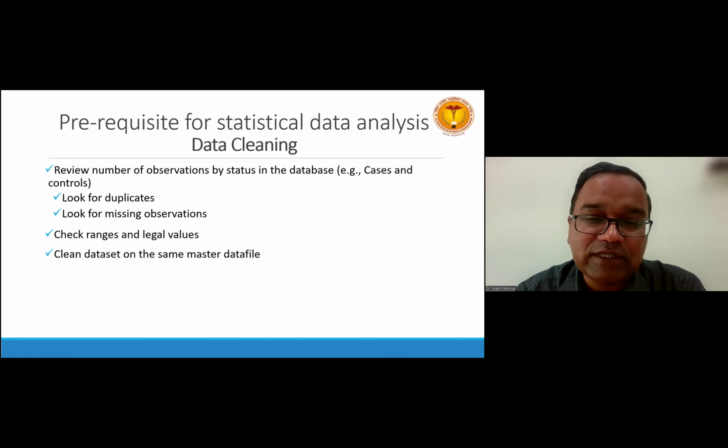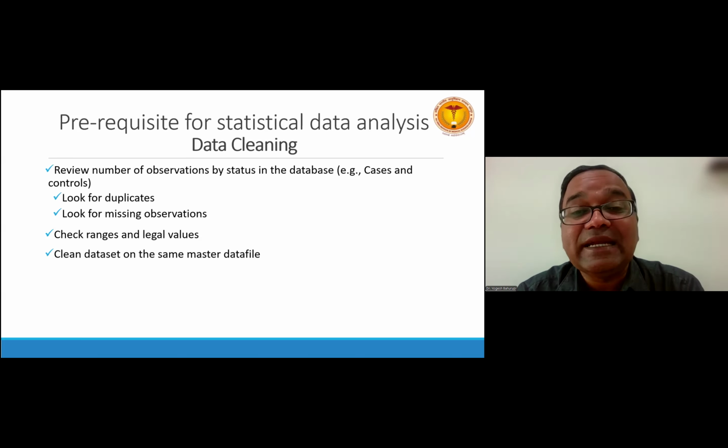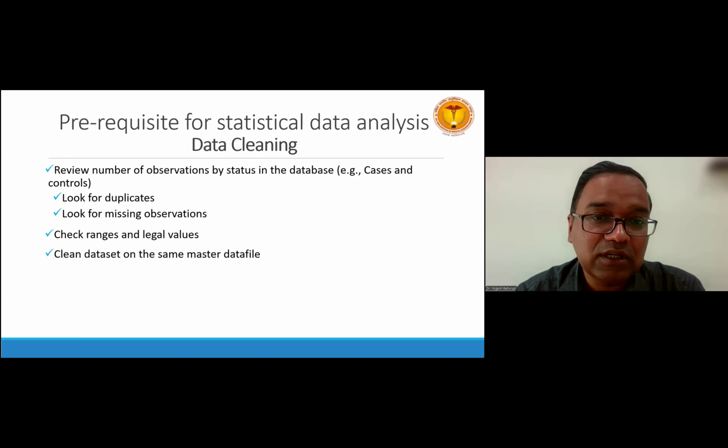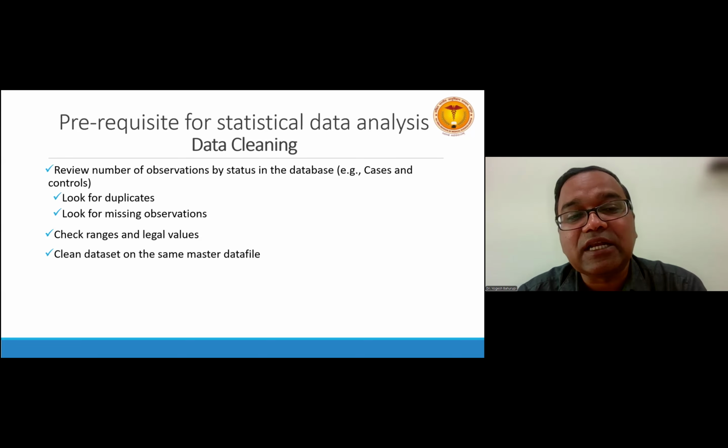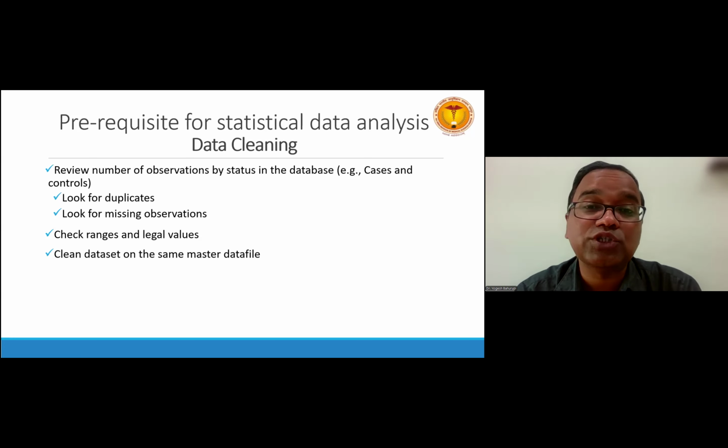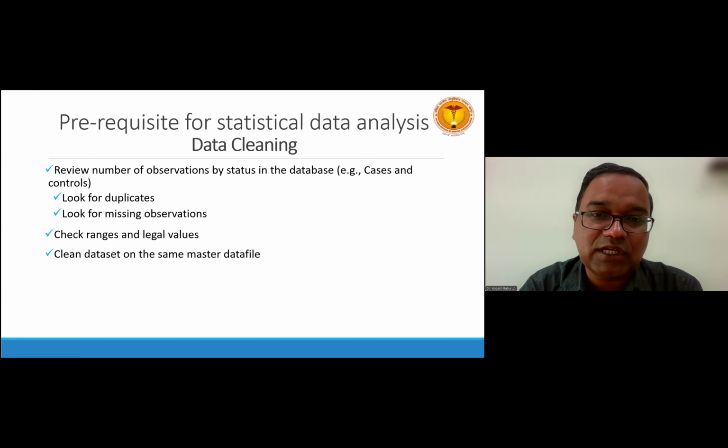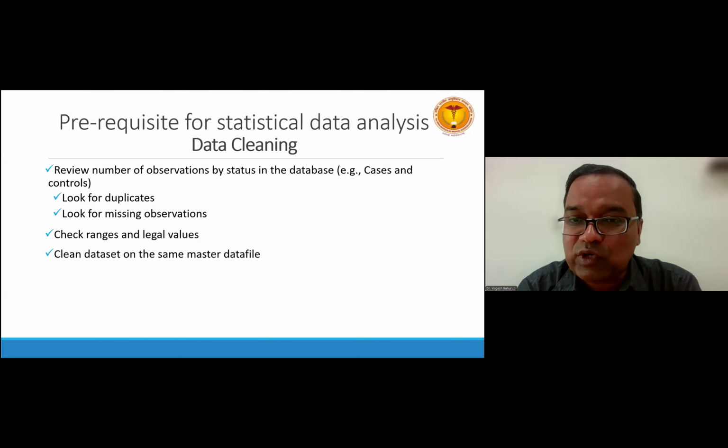Then, before you go for data analysis, check if any data is missing from a particular variable. Then check for the legal ranges and legal values. That is why I said a data documentation sheet would be most useful, because it will very clearly specify that male will be coded as 1, female as 2. And if there's any missing data, either we need to find a copy of the questionnaire or talk to the person who has collected the data.